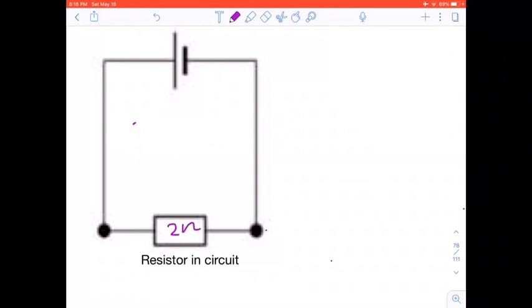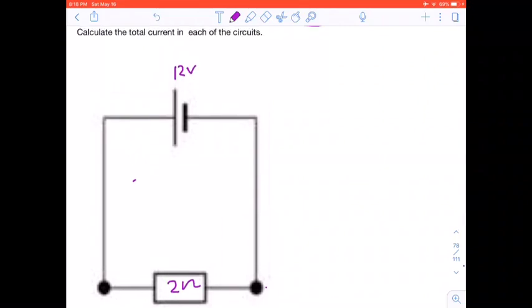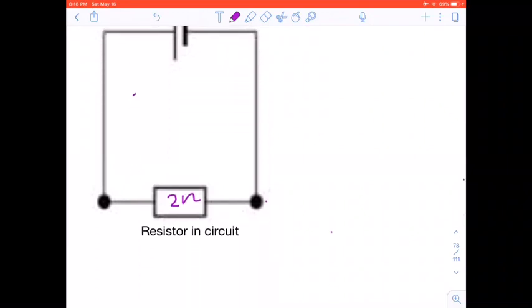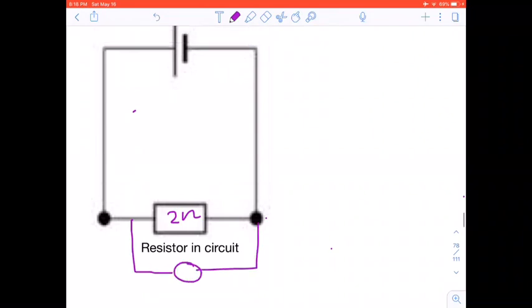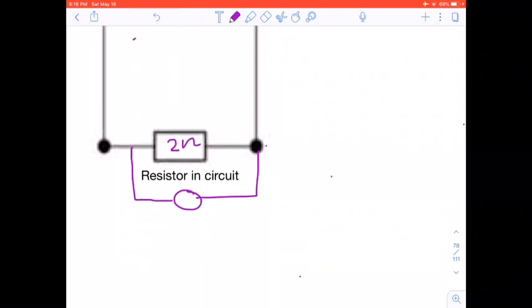The battery is connected across those 2 points and the resistor, so the voltage across this resistor is the voltage of that particular cell, which means it's 12 volts.